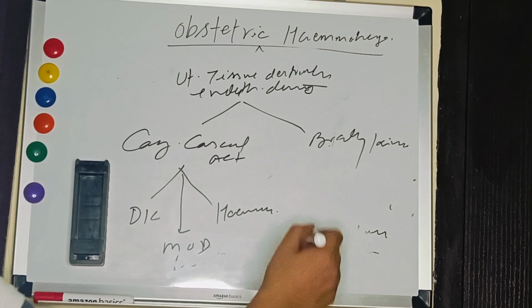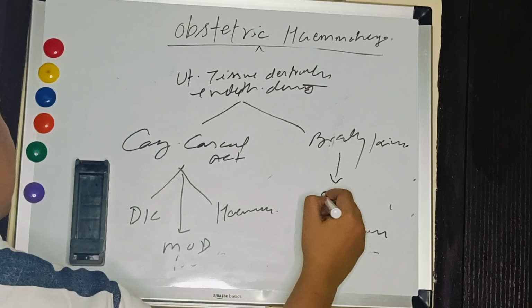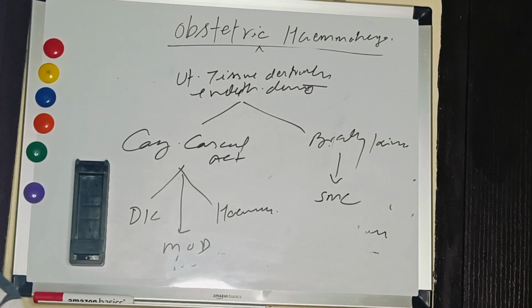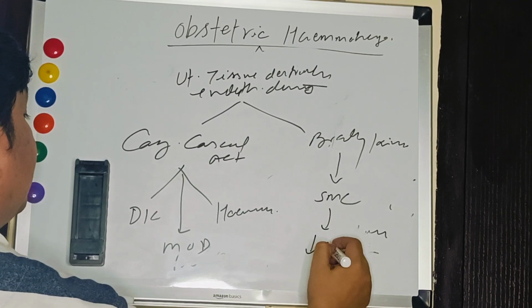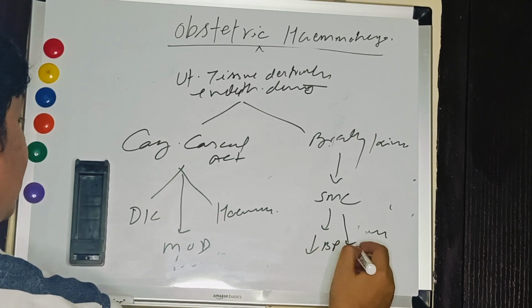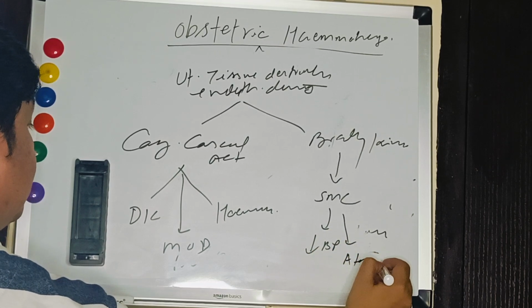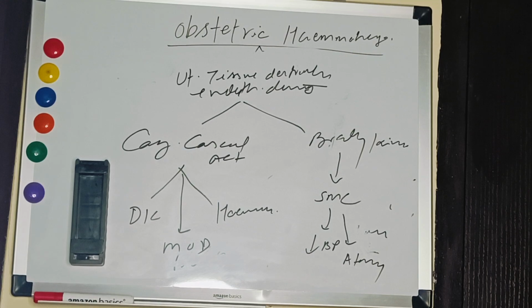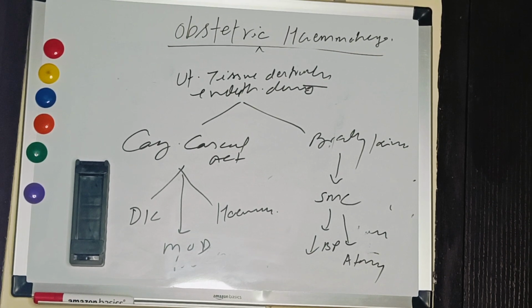Bradykinin will lead to relaxation of smooth muscle cells, which leads to vasodilation, decrease in BP, hypotension, and uterine atony.